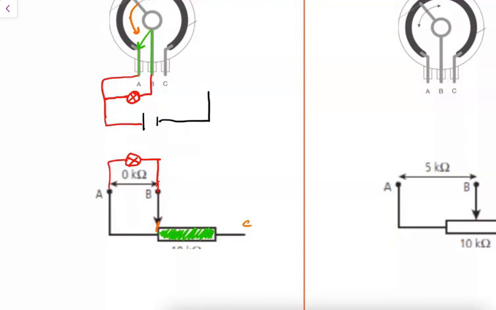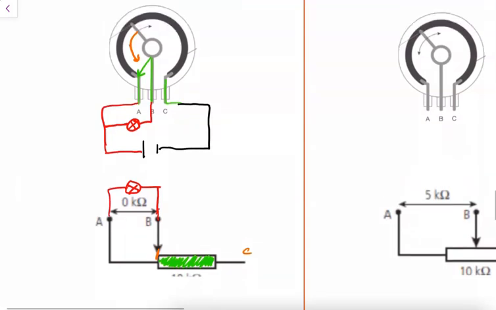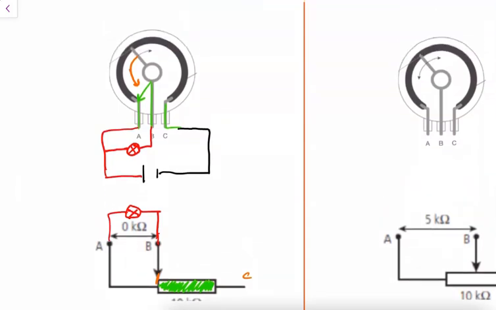So actually, let's do this in all red. Because this red portion right here is what we're observing in this 0 ohm connection between A and B.